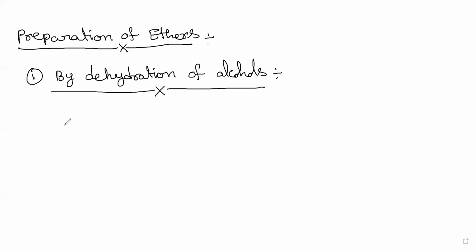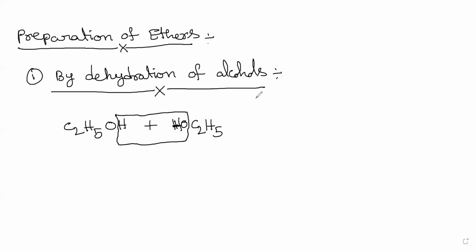So what we do is take two molecules, or two moles, of C2H5OH, and now remove water out of it. Water removing agents are called dehydrating agents.